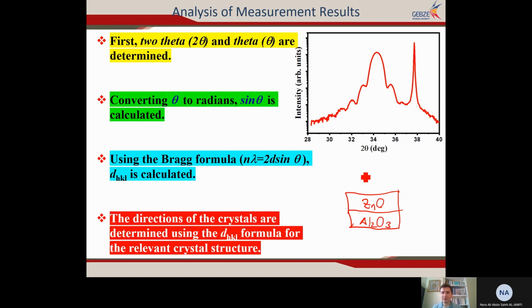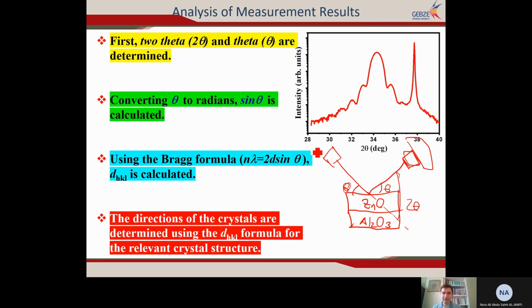Now I have carried out an X-ray diffraction experiment. This is the theta, or 2 theta here. This is the detector, and here we have an X-ray source. I changed theta and 2 theta together, and scanned them.